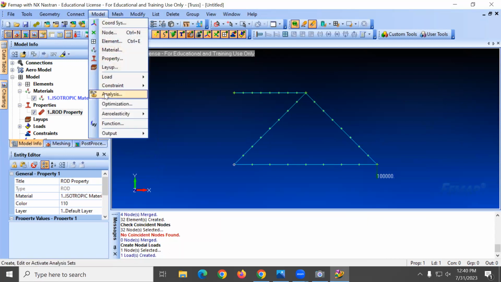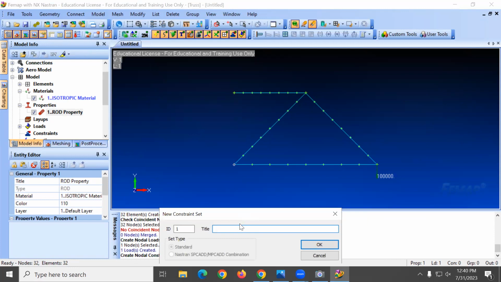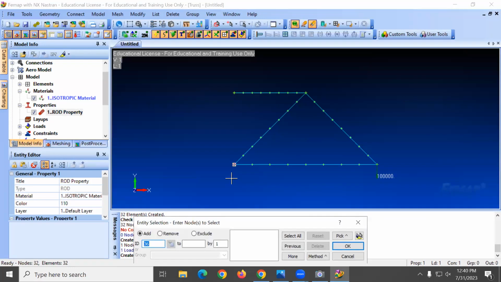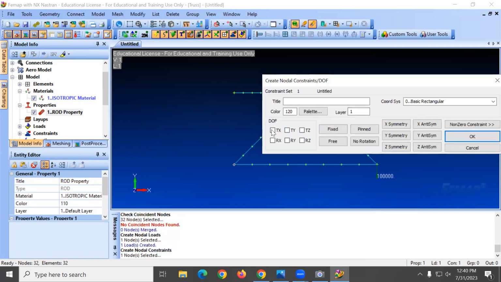Model, constraint, nodal. Okay, so you don't need to put a title. This one here is just being restrained on the X and the Y, no? We can put over here X, and if it gives problems, we have to give more restraint, but let's say this is just going to be restrained on the X and the Y. This is free to rotate about the Z, but let's maybe restrict also RX, RY.